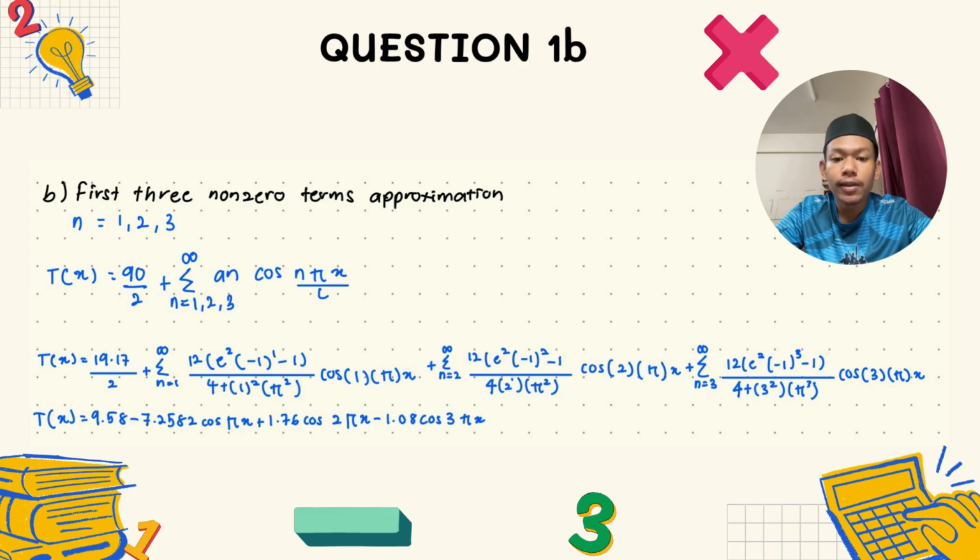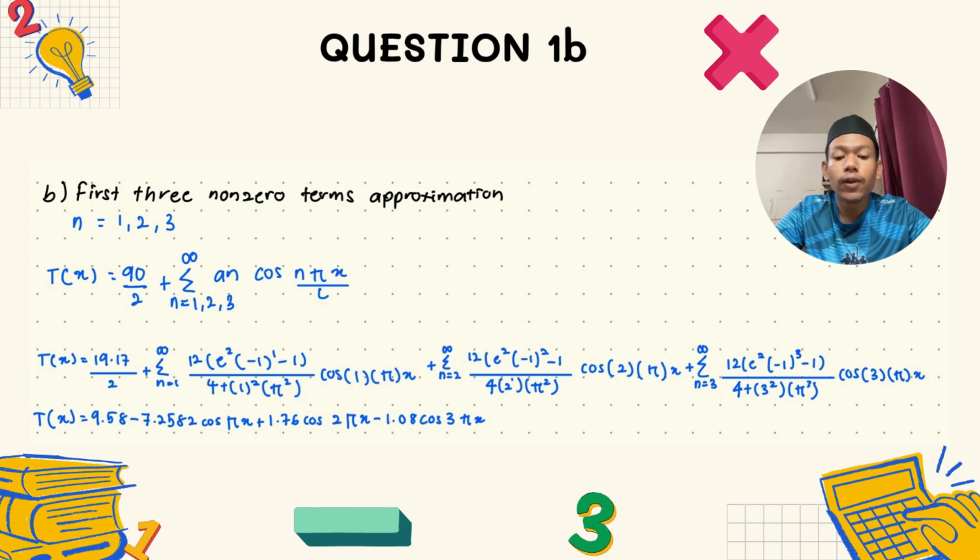For the first non-zero term, when n equals 1, the coefficient evaluates to approximately negative 7.2582, giving us the term negative 7.2582 cos pi x. For the second term, when n equals 2, we get plus 1.76 times cos 2 pi x.